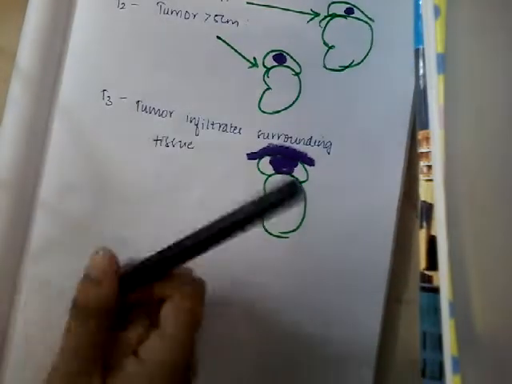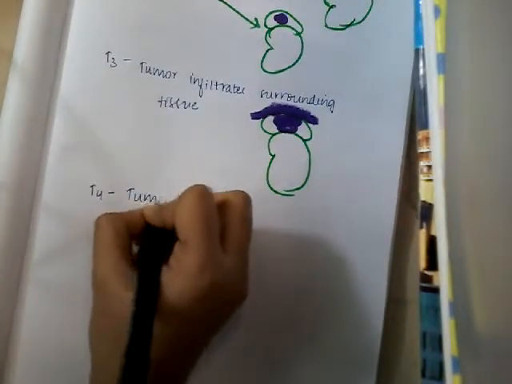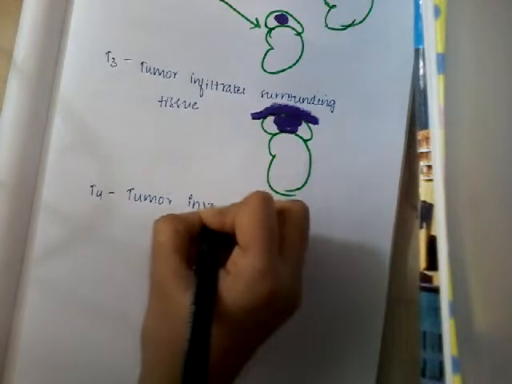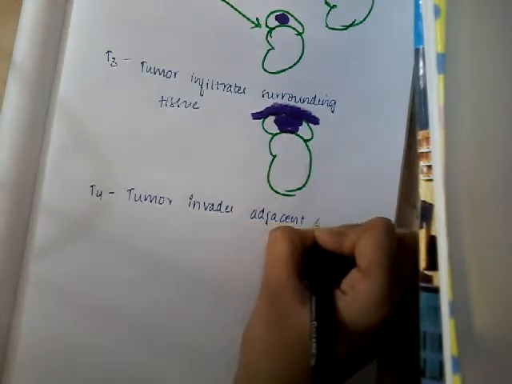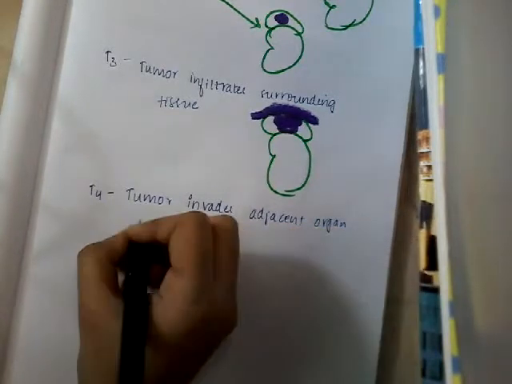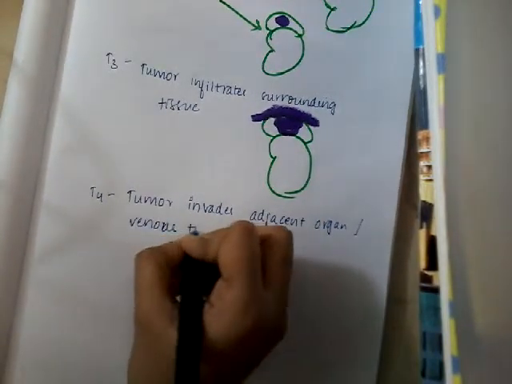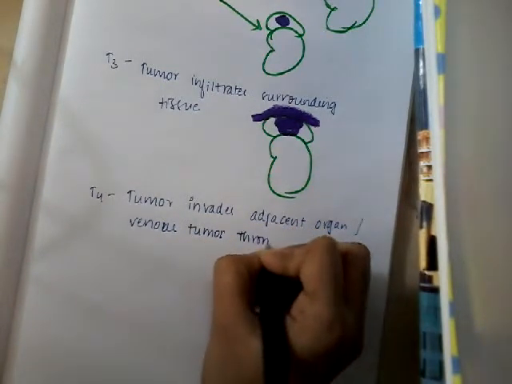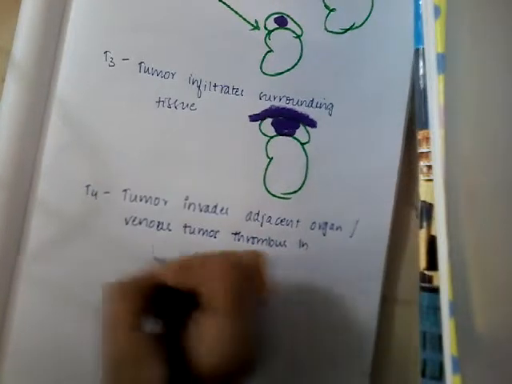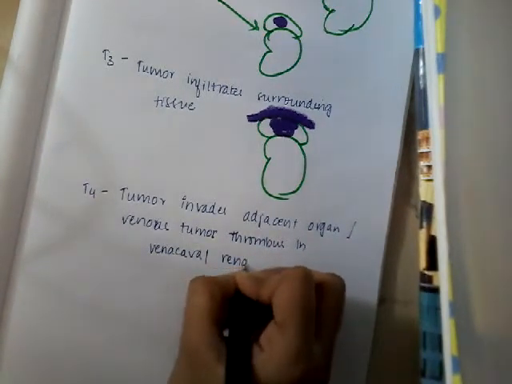And then T4, in this the tumor invades adjacent organs, and there can be venous tumor thrombus in the vena cava or renal vein.